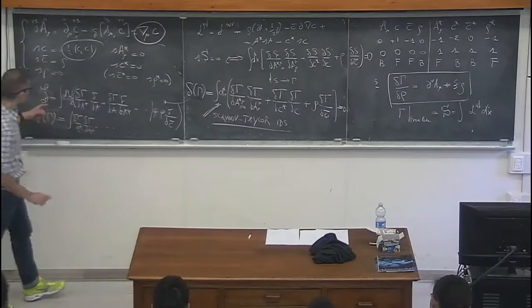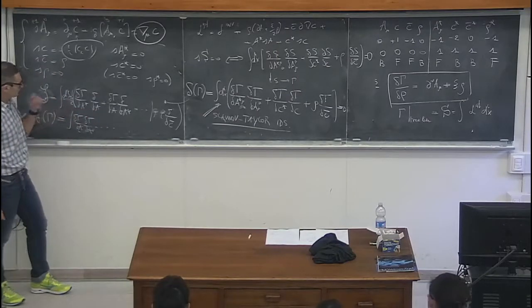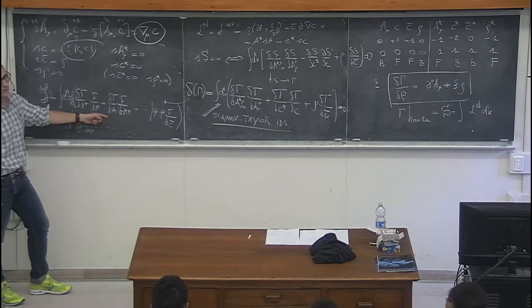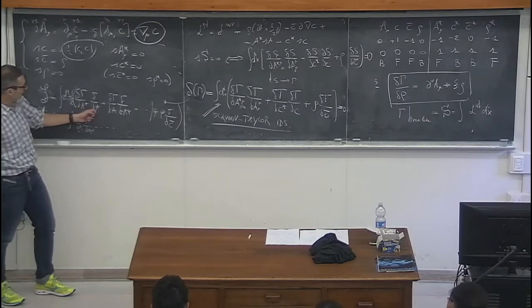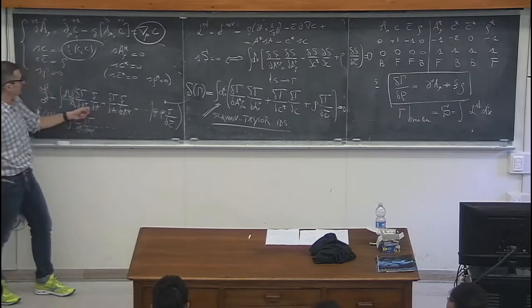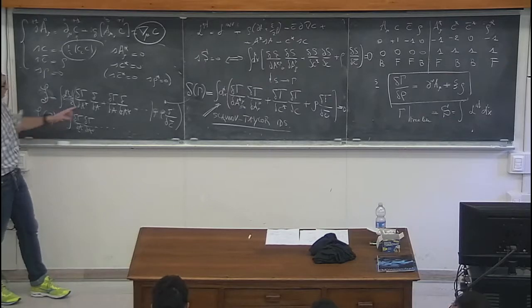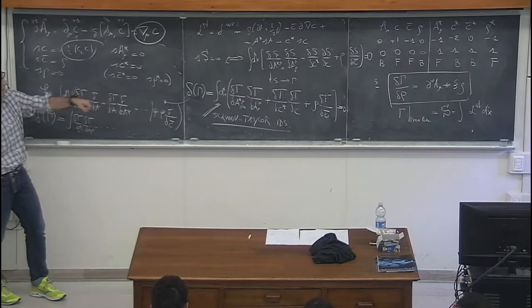This is a functional differential operator, which is linear in these functional derivatives, and it contains this gamma here. So S of gamma reproduces exactly my Slavnov-Taylor identities.